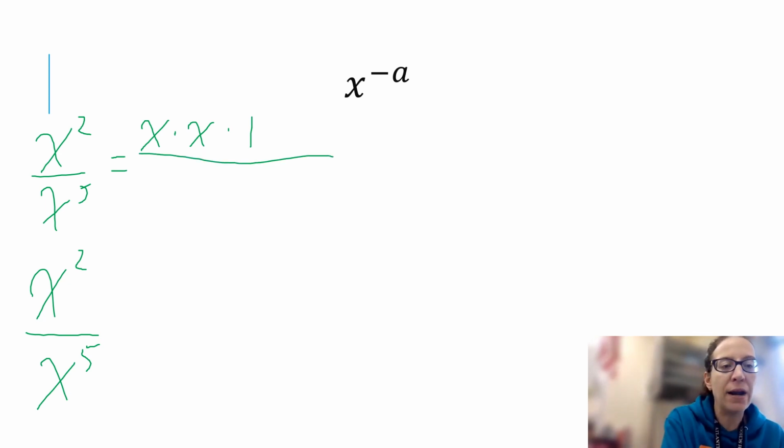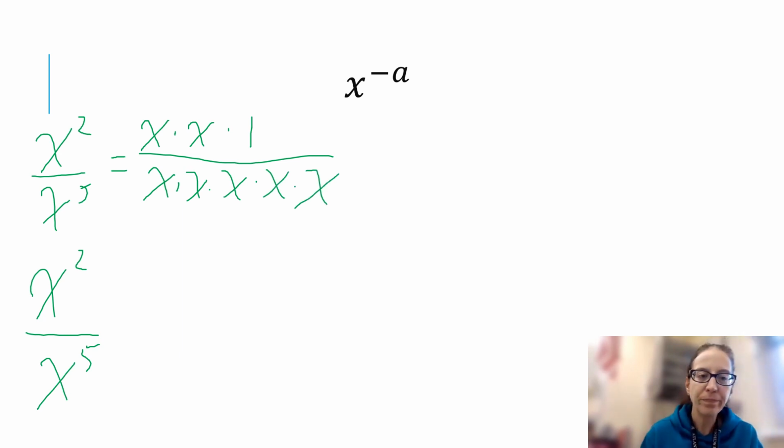In my denominator, I'm going to have x times x times x times x times x. And now I'm going to employ the fact that anything divided by itself is equal to 1, and I end up with a bunch of things canceling out. Now, the reason I put the 1 there is because my next question is going to be, what am I left with in the numerator?